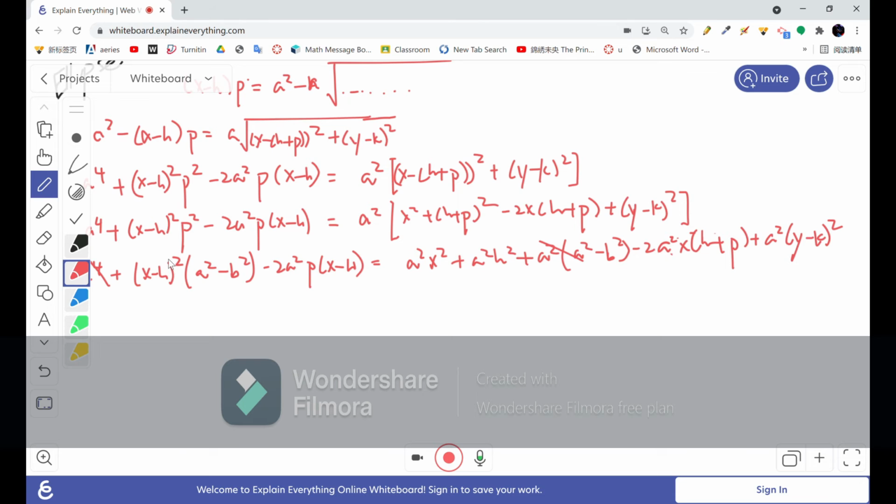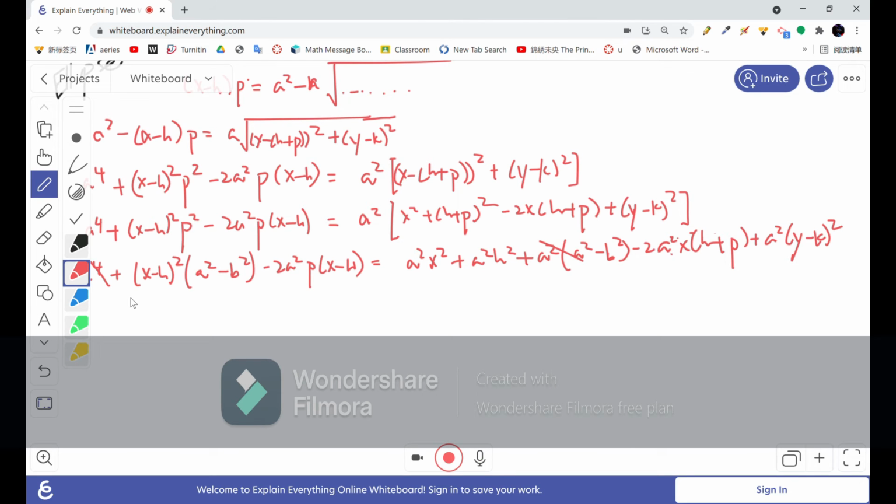And now we kind of want these two to cancel out, but it seems like it's not working too well. I'll just simplify it a bit more.